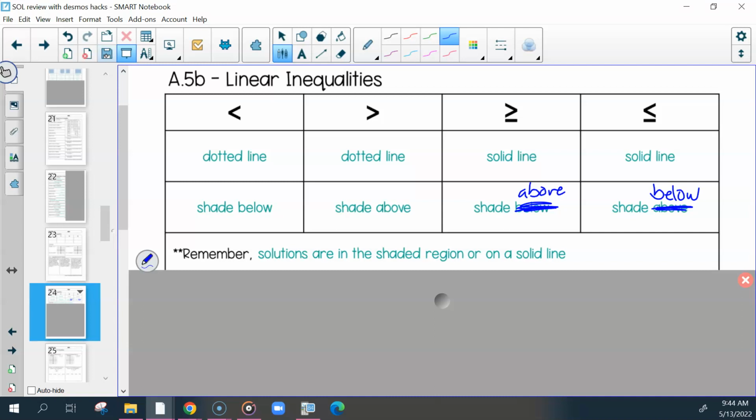Solutions are in the shaded region or on a solid line.